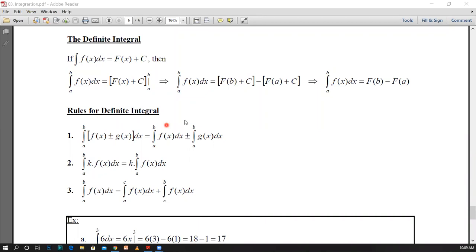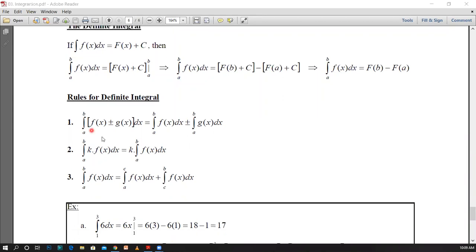If your function is a combination of two functions f and g, and you are considering the range for the definite integral from a to b, then for f(x) plus or minus g(x), you need to integrate with respect to x in the region a to b.